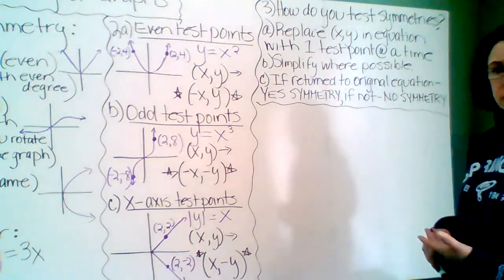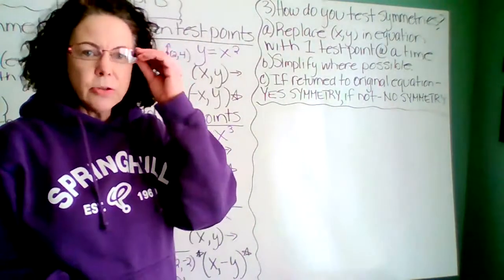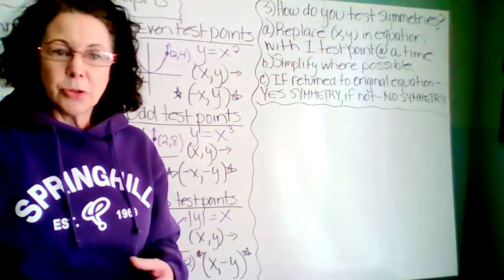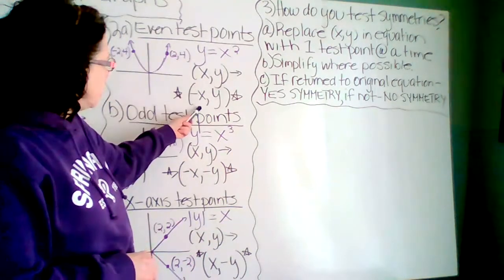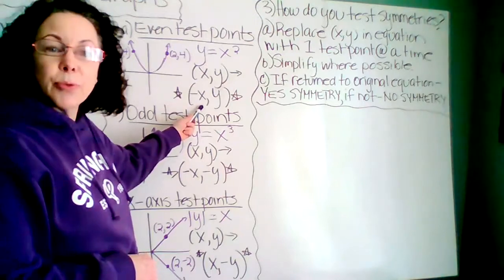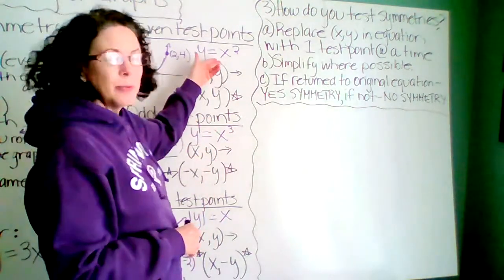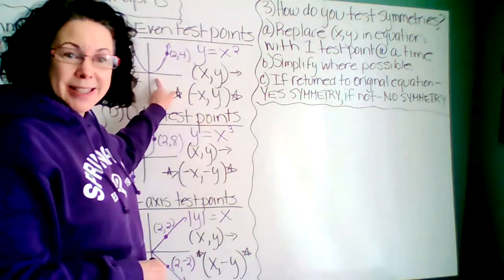If, when you did your simplification, you returned to the original equation that you started with, then the answer is yes, there is symmetry. And here's why. If I have an xy equation and I put in a test point, and through legal mathematical simplification I go back to the original equation, this must be a solution point and it must have that symmetry.